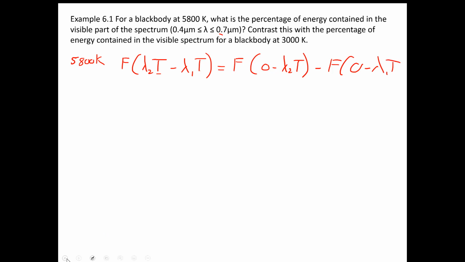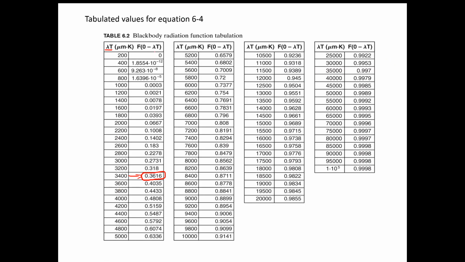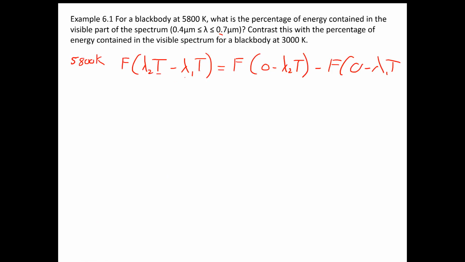Remember, this chart only gives you the fractional power between 0 micrometers and some wavelength lambda for some temperature T. So if you're trying to find it between two specific wavelengths, you have to split the math: take the range from 0 to the higher wavelength and subtract from that the fraction between 0 and the lower wavelength.